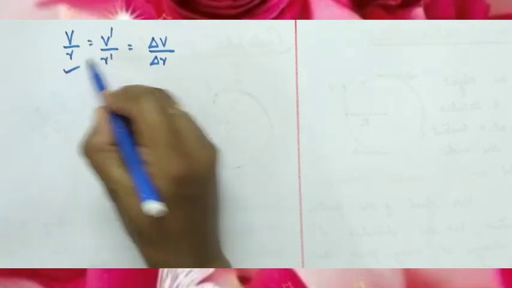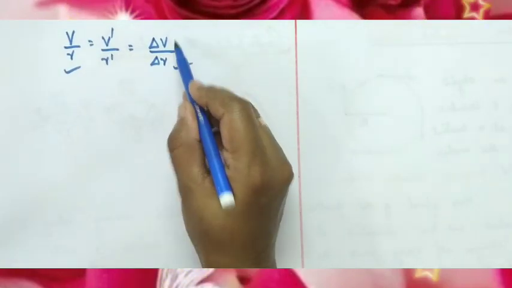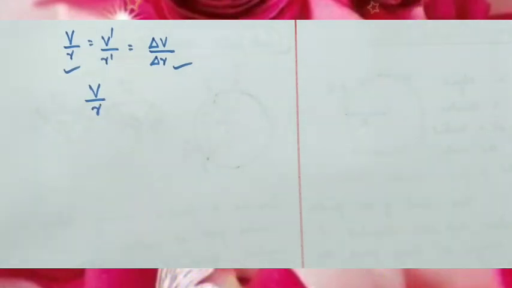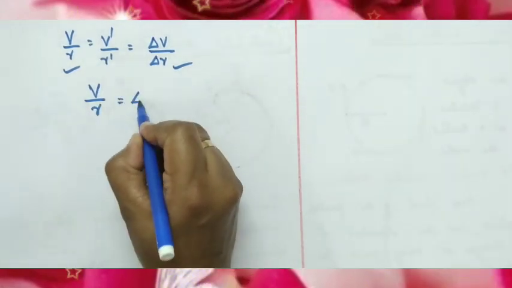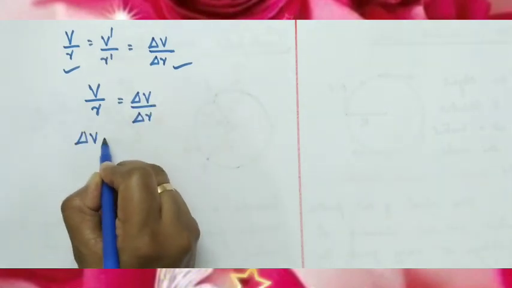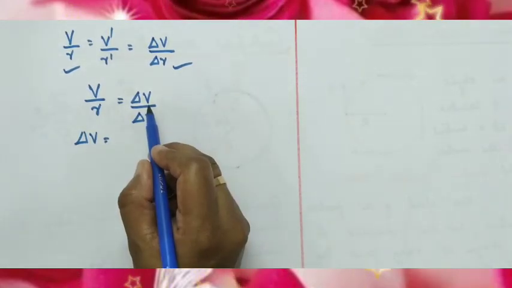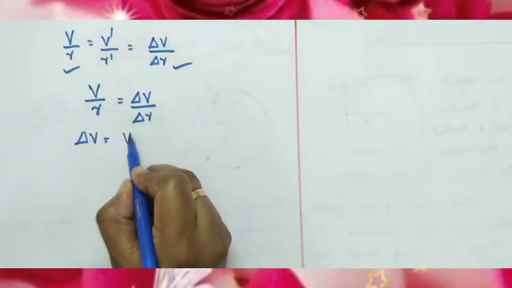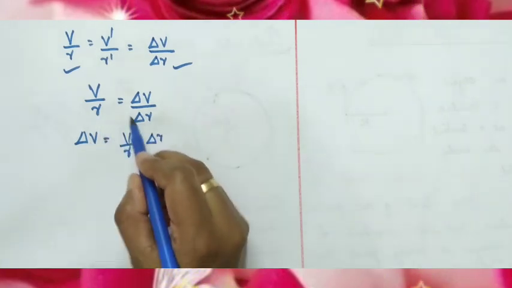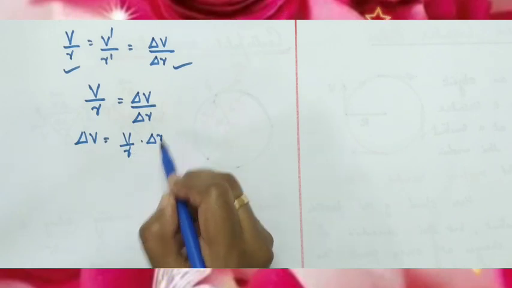Now, we can take these two terms, v by r equal to delta v by delta r. Or delta v can be written as, what is delta v? Delta v equal to v by r into delta r, isn't it? Delta v, change in velocity, is equal to v by r into displacement.